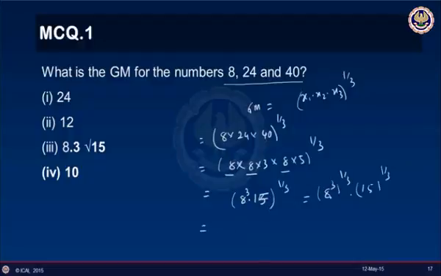Now this 3 can be cancelled, leaving 8. Again, 3 into 5 is 15, already written. So it is the cube root of 15. So 8 into the cube root of 15 is the correct answer.